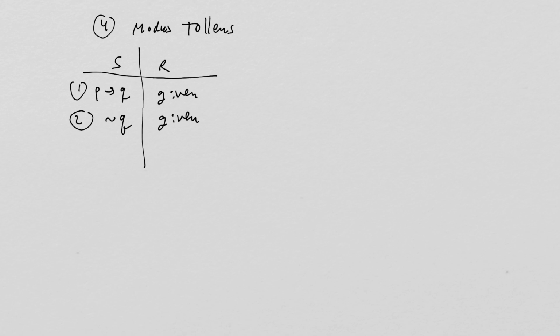First, we're going to do it in 2 steps, not using modus tollens. So one thing you can do is take the first given, P implies Q, and use the rule of contrapositive with number 1.